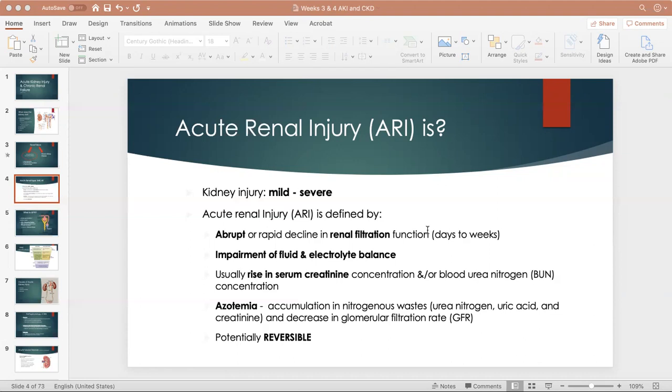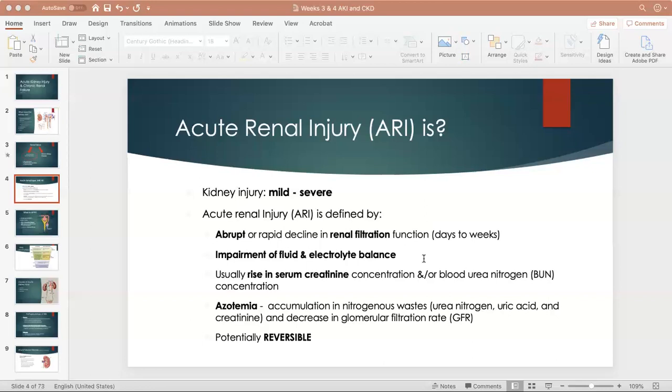Okay, so some really big signs of kidney failure, whether it's acute or chronic, you're going to have creatinine, BUN, and potassium in larger amounts in the blood. Okay, now one of the differences between acute kidney injury and chronic injury is that acute kidney injury or acute renal failure is potentially reversible.